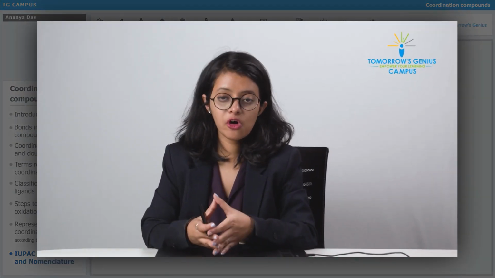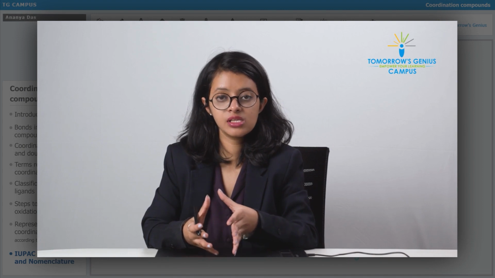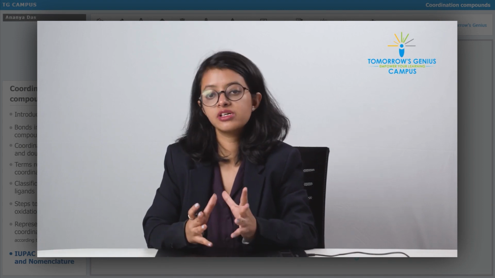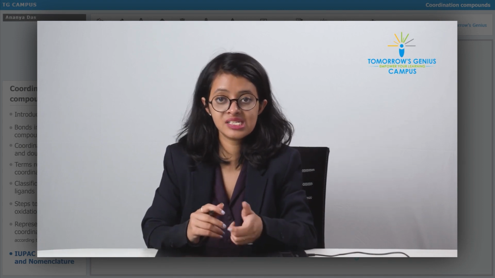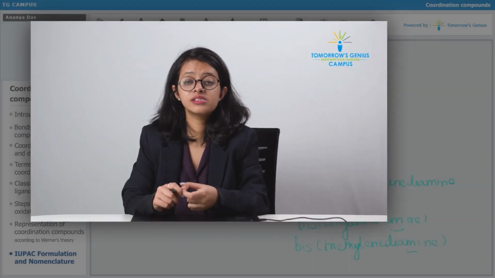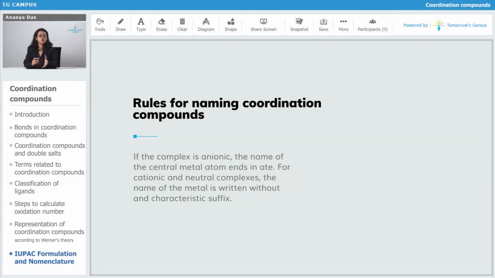Now, the name of the metal depends upon whether the complex in which the metal is present is an anionic complex or a cationic complex. If the complex is anionic, then the name of the central metal atom will end in ate. If the complex is cationic or neutral, the name of the central metal atom is written as such.